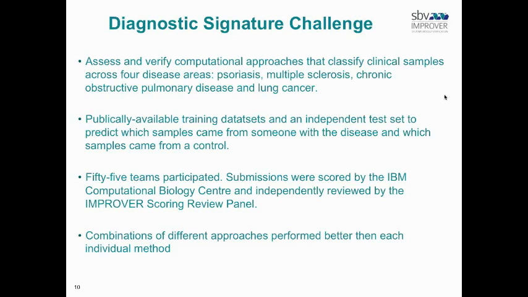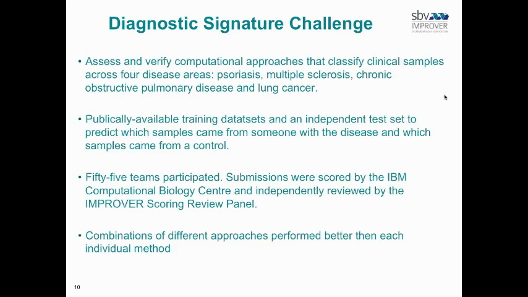The take-home method was that a combination of different approaches performed better than each individual method. And what's interesting, a method that worked well for one disease didn't necessarily perform well for another disease, and it seemed like individual methods would be required for each particular disease to get the best results.